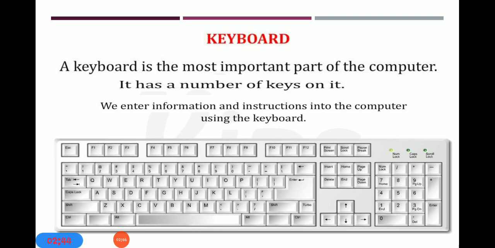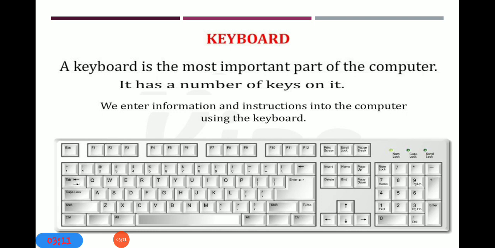We enter information and instructions into the computer using the keyboard. The first step of the IPO cycle is input. That input step is performed by the keyboard, by entering information and instructions into the computer.